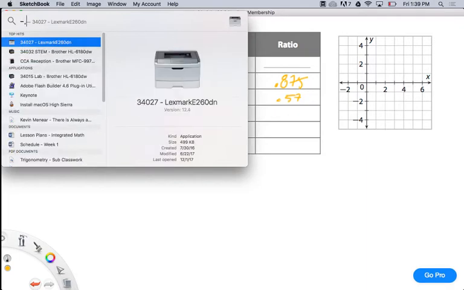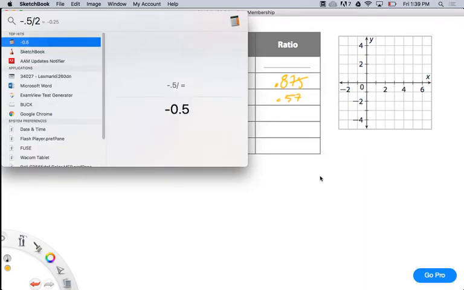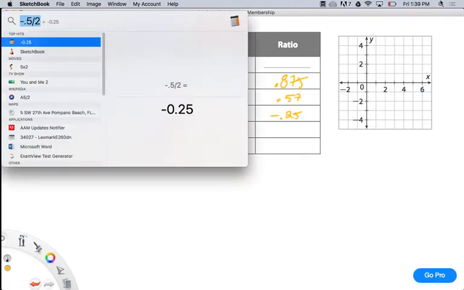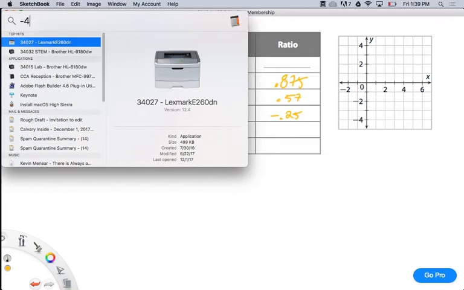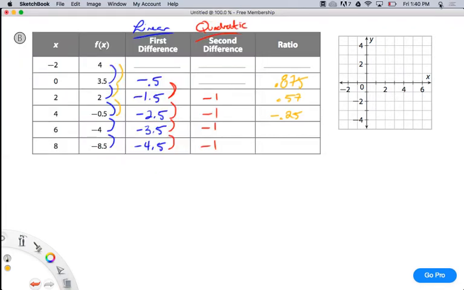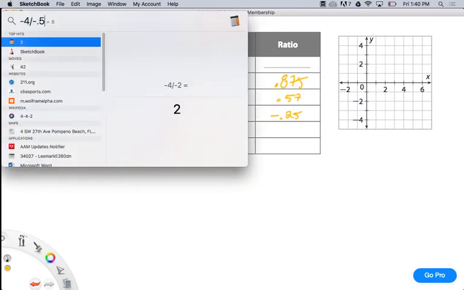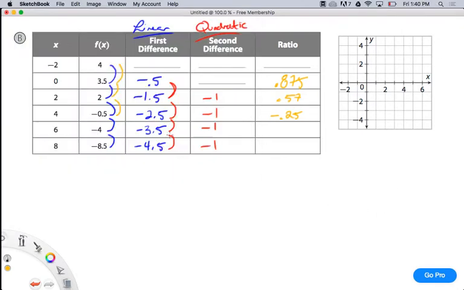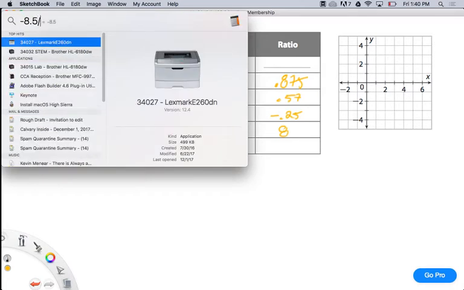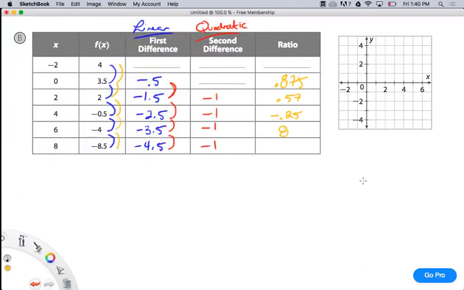Negative 0.5 divided by 2 is negative 0.25. Negative 4 divided by negative 0.5 is 8. And negative 8.5 divided by negative 4 is 2.125.